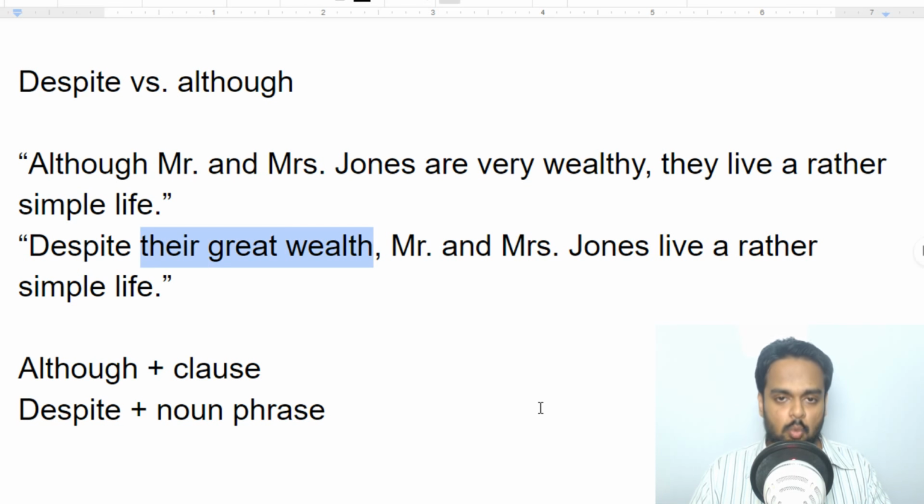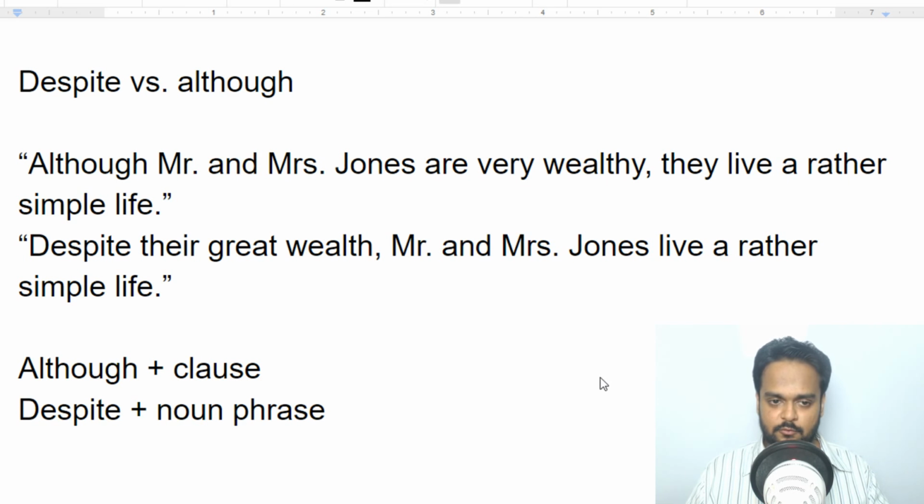Their great wealth is a noun phrase. There is a possessive determiner. Great is an adjective. Both of these modify the noun wealth, and together these make up a noun phrase. So this is the most common difference between these two linking words. Although is followed by a clause, and despite is followed by a noun phrase.